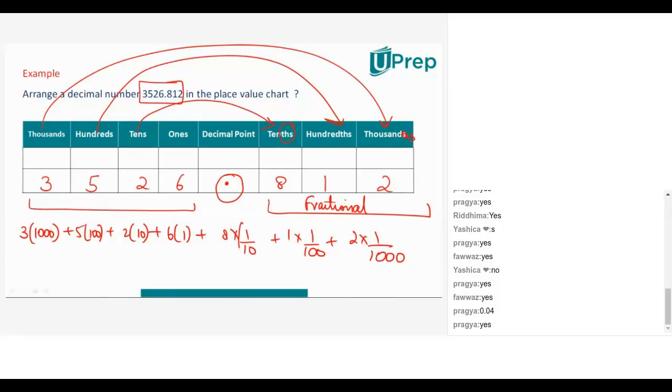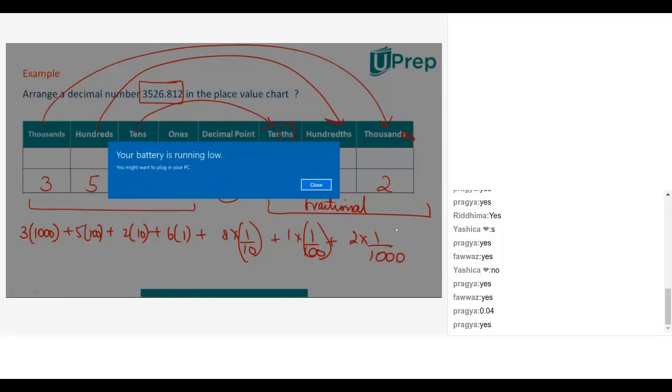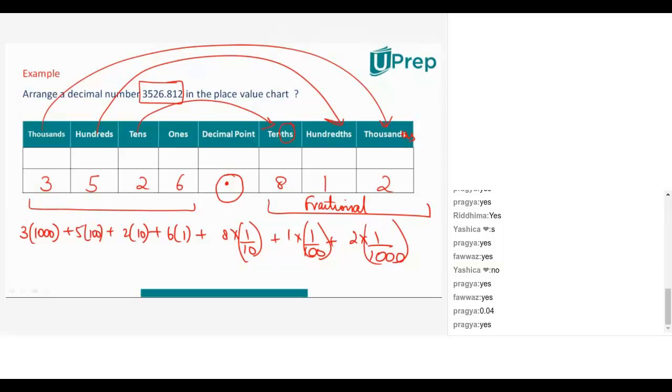That's what I'm trying to do over here. Because on the left hand side, I expanded it in the form of values. I tried the same on the right hand side for you guys to be very clear. Because I'm telling you, today's session is going to set the base for the second and third session for decimals. That's the reason it's very important to understand it very clearly.